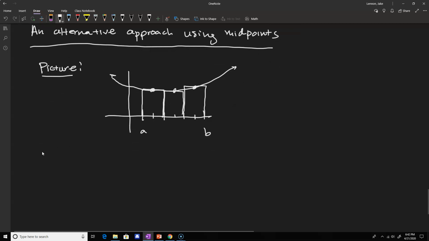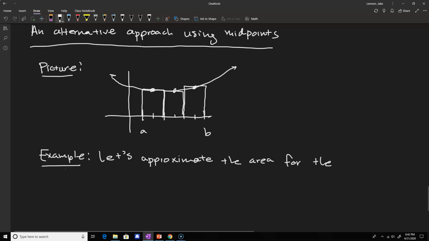So let's do the previous example using this midpoint idea. Let's write that down. Let's approximate the area for the previous problem using midpoint rectangles.